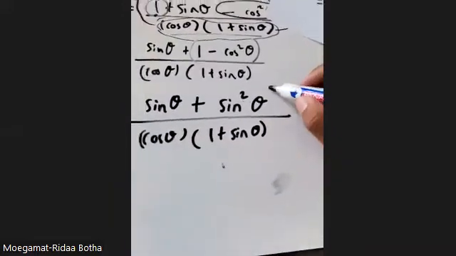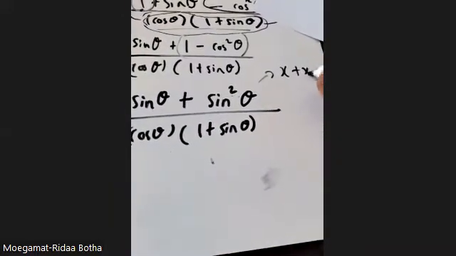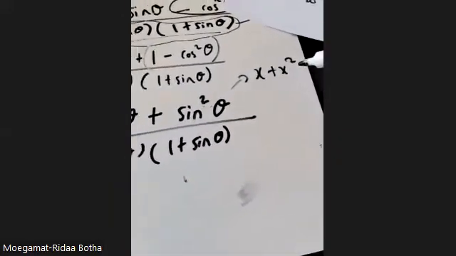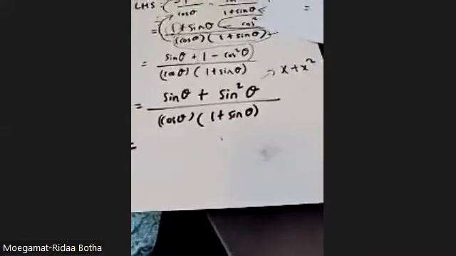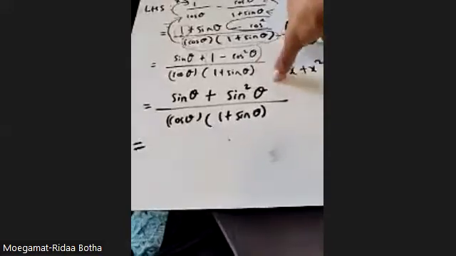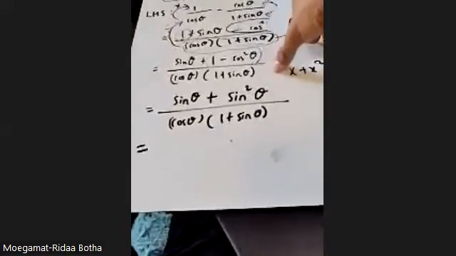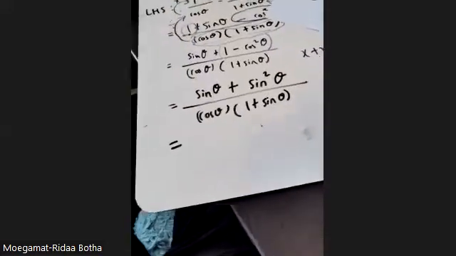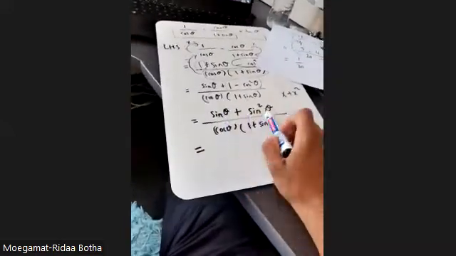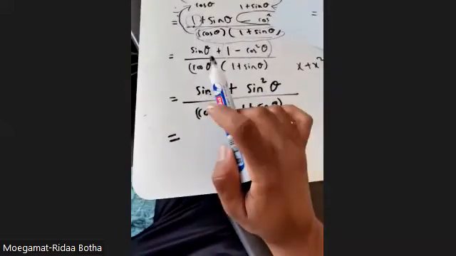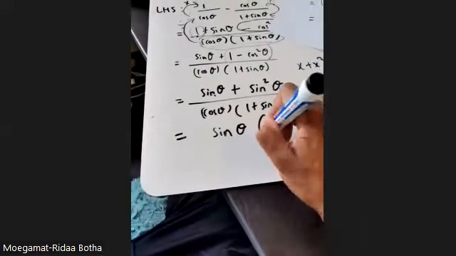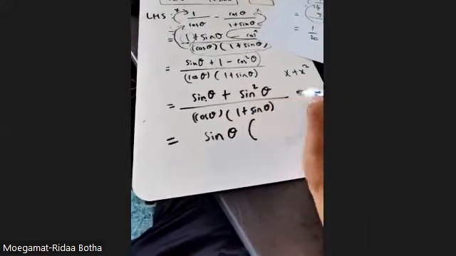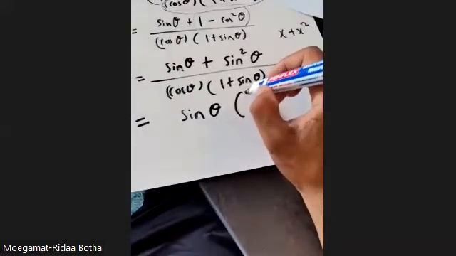So it kind of mimics x plus x squared. So what will you do? Factorize. Here we go, factorize. Okay. So what's common in both terms? Sine theta. There we go. Sine theta is common.